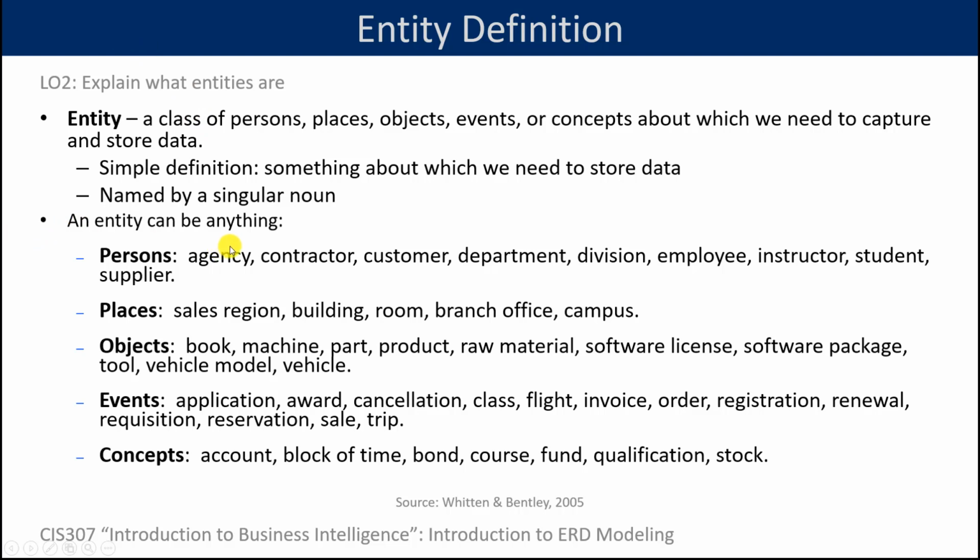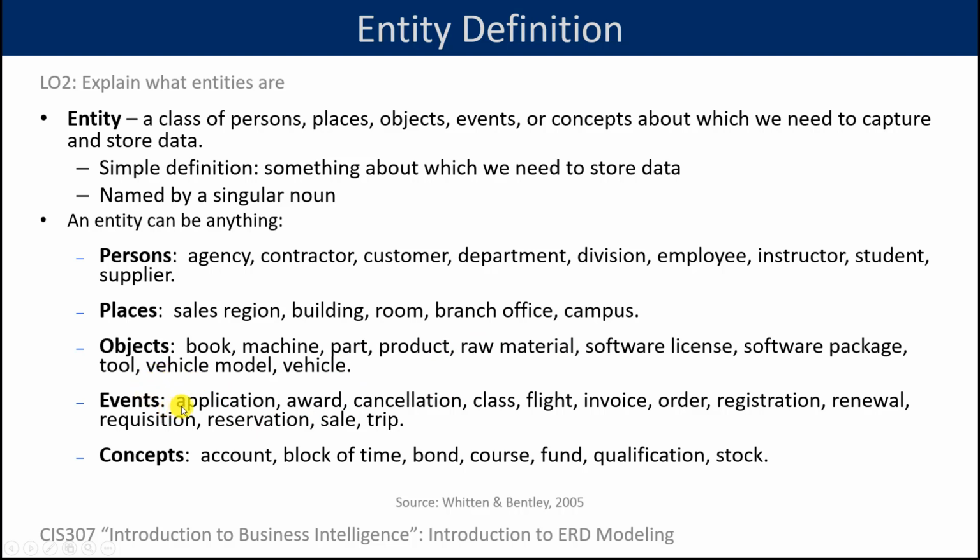An entity can be pretty much anything. An entity can store information about persons or people, like agency, contractor, customer, department, division, employee, instructor, student, supplier. Places such as sales region, building, room, branch office, campus. Physical objects such as book, machine, machine part, product, raw material.